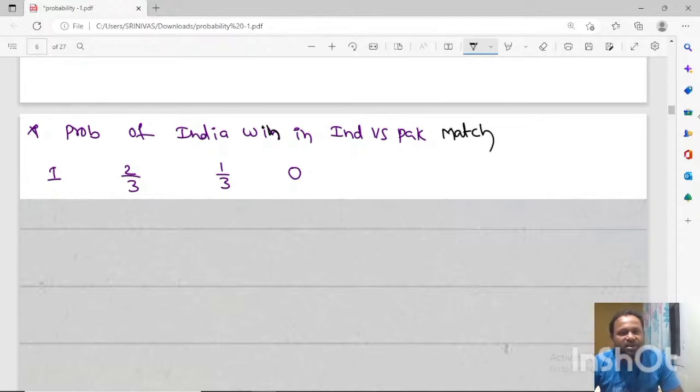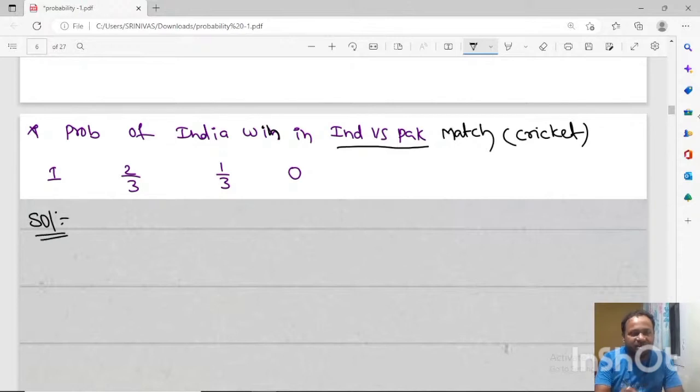What is the probability of India win in an India versus Pakistan match, whatever the match may be? Okay, match means let us assume cricket. This is the question. Okay, so what is the probability of India wins? Any guess? So simple.